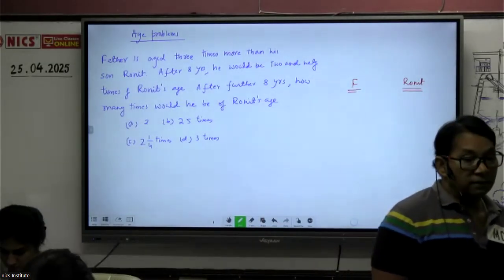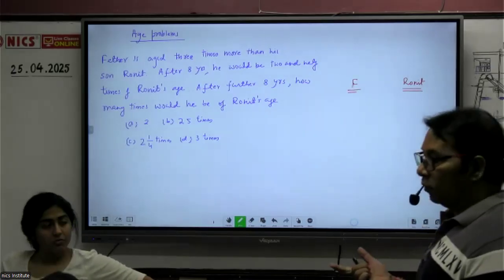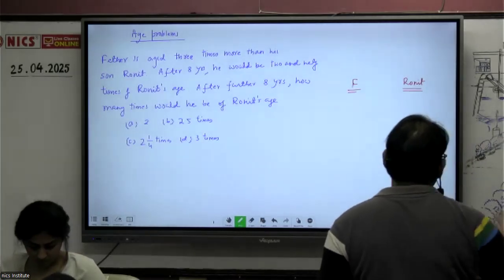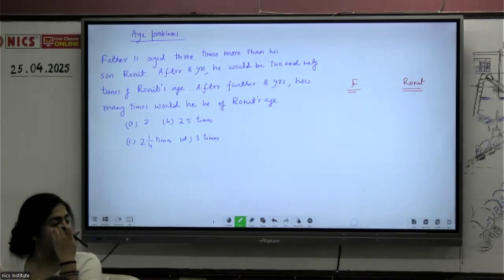Yes. There's a difference between three times and three times more. If the question was that father is three times the age of his son Ronit, there'll be a different equation. But it says father is three times more than his son's age. So he'll become four times. Okay, let's see.